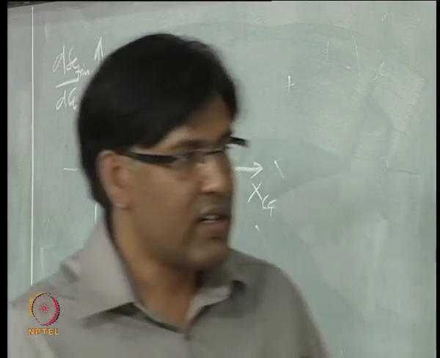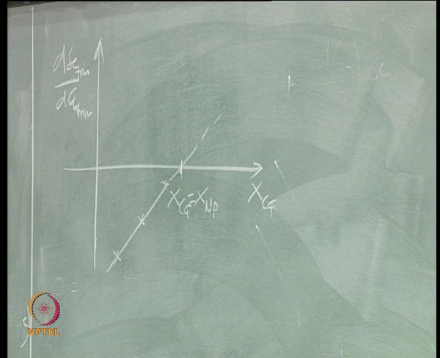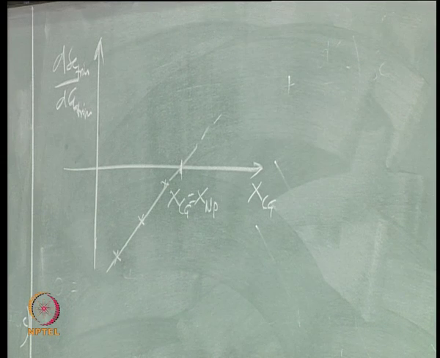Because at this point Cm alpha becomes 0, right. So, that is how you are going to find out neutral point location in flight.